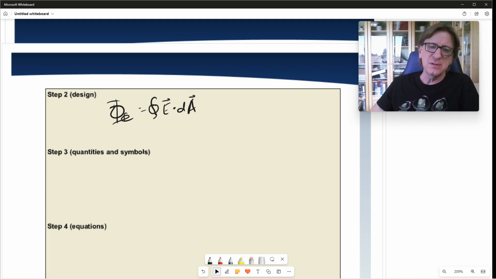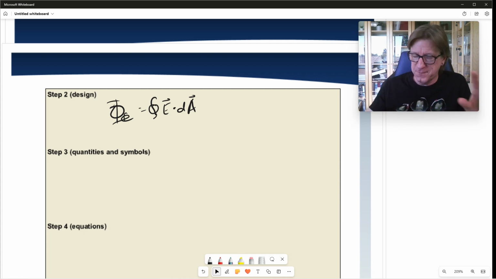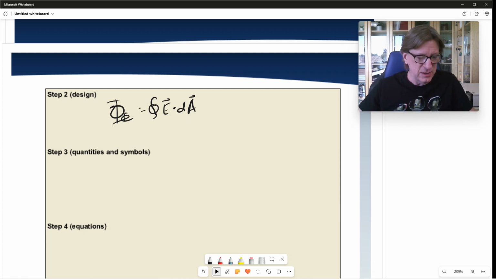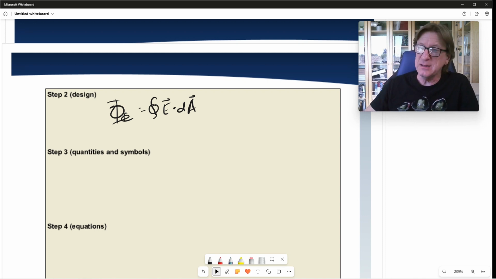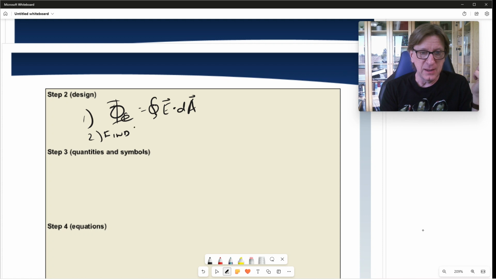You could absolutely write this down in full English words, so that you can find it. So with the definition of the electric flux, I need to know what this electric field is. So my plan is then I'm going to find my electric field.